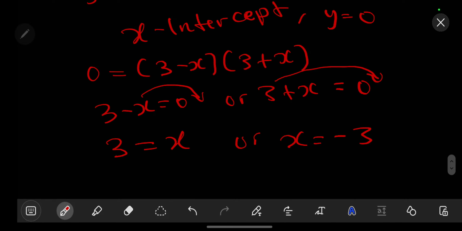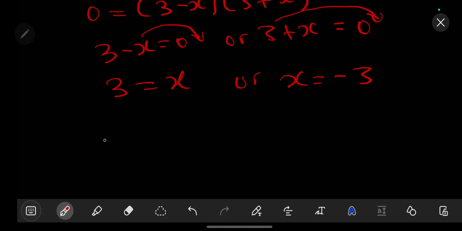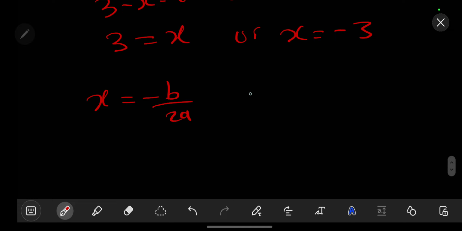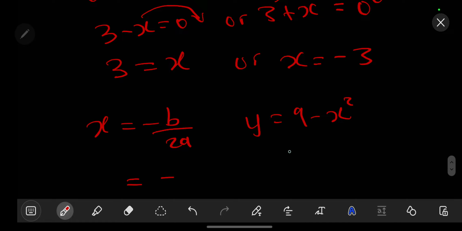Let us find the turning point from there. So x is equal to negative b over 2a. If the equation is y equal to 9 minus x squared, remember, b is the coefficient of just the term with x.